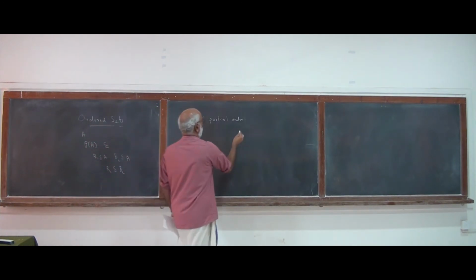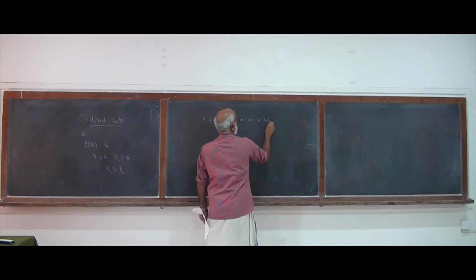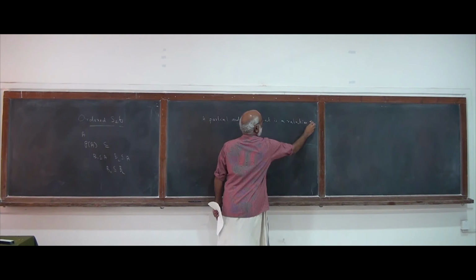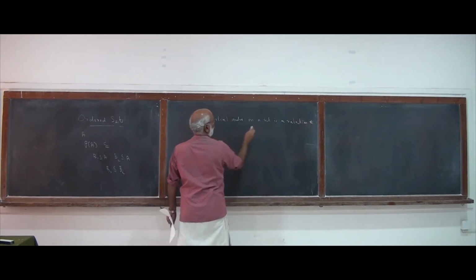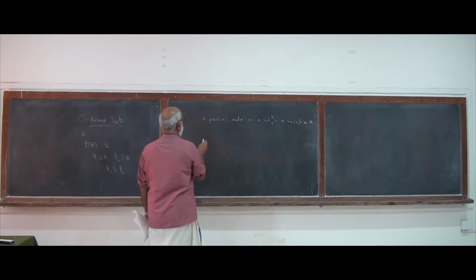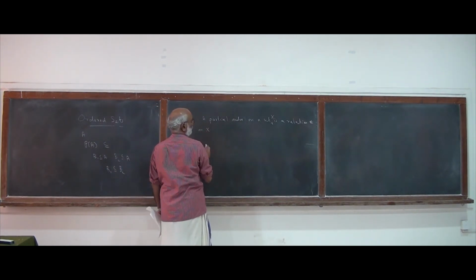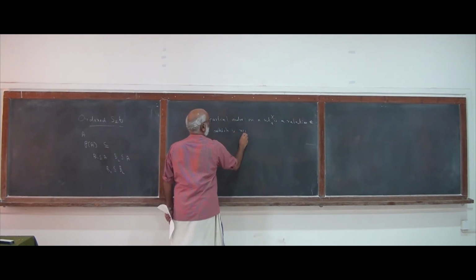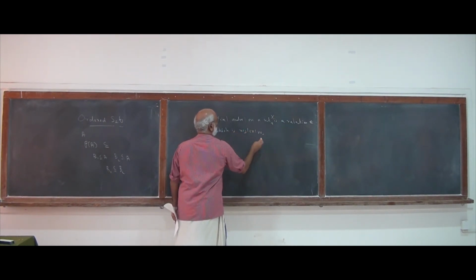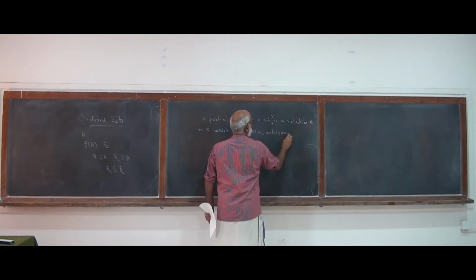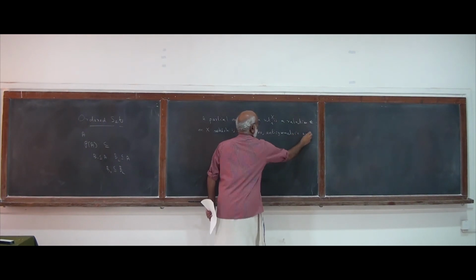A partial order on a set X is a relation less than or equal to on X which is reflexive, antisymmetric, and transitive.